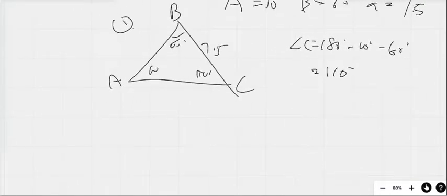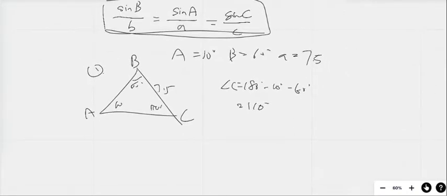Now with the law of sines we just learned, we know that sine of A over A will help us find sine of B over B. So let's plug that into our equation.